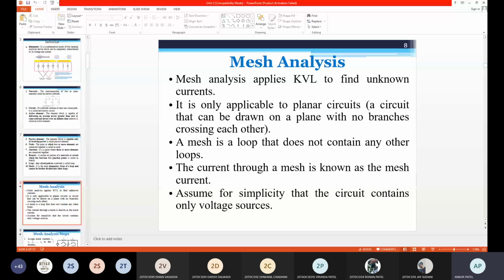By using determinants and Cramer's rule, finding the different currents becomes simple.